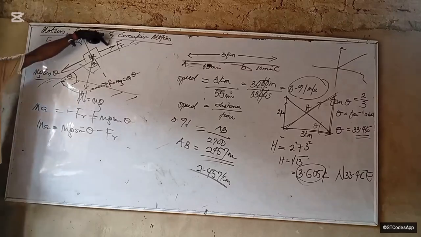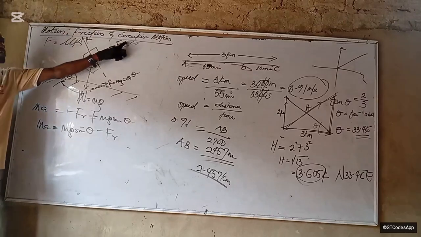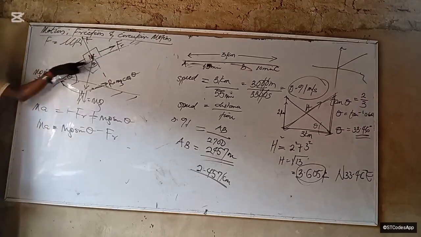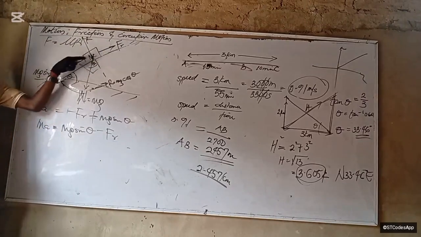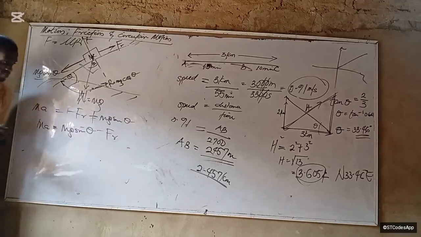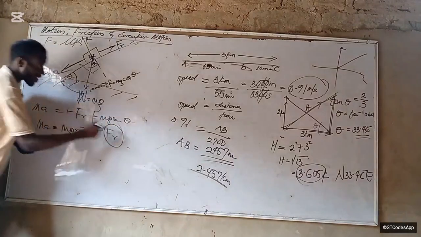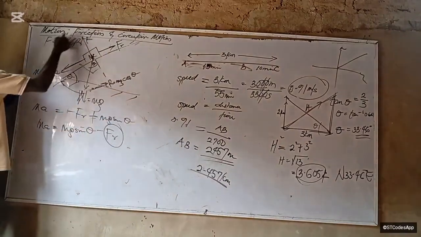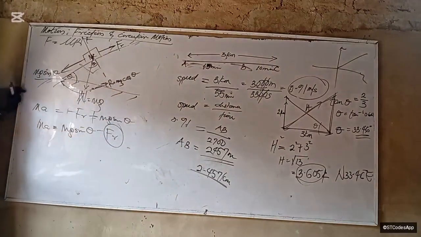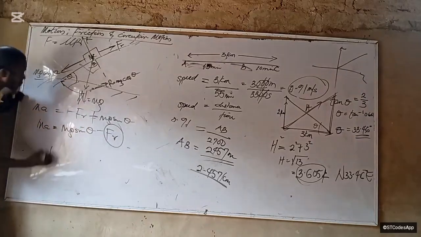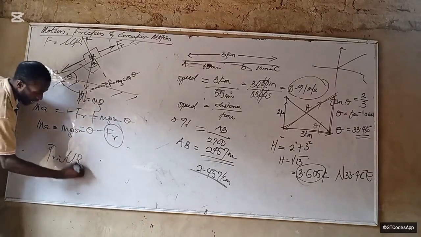You'll be given the coefficient of friction in this case for this body. Is that okay? So this value here is going to affect the value that the friction takes. Is that okay? So that F sub R is going to be mu R. Is that okay?